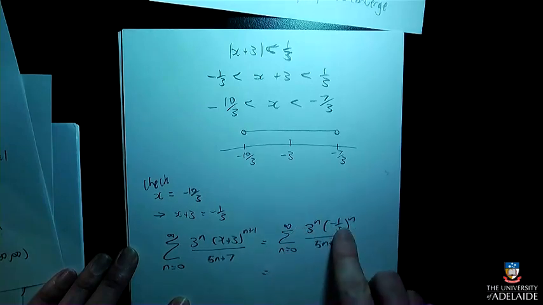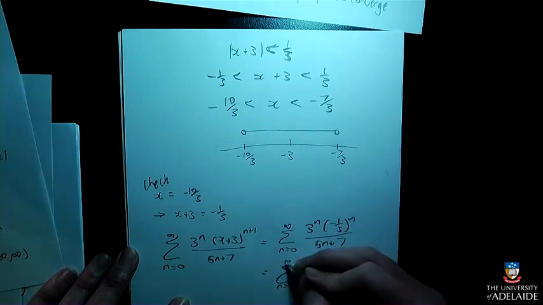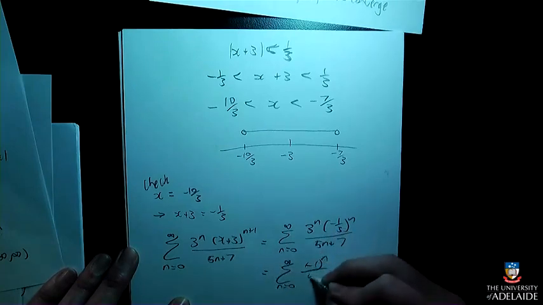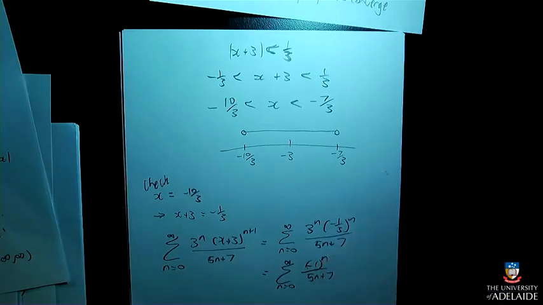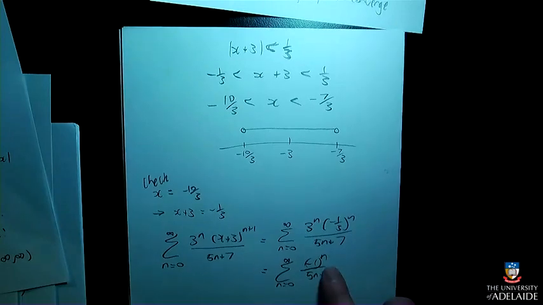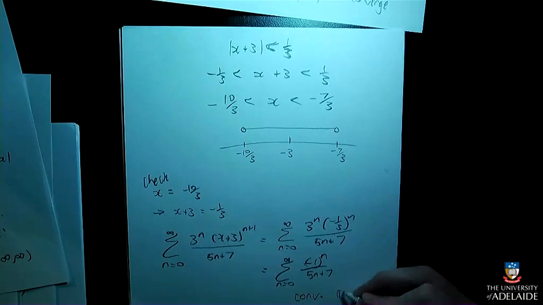So 3 times minus a third would be minus 1. And that converges because it's an alternating series, alternating harmonic-ish. The terms go to 0 and the bottom gets bigger. Converges because of the alternating series test.